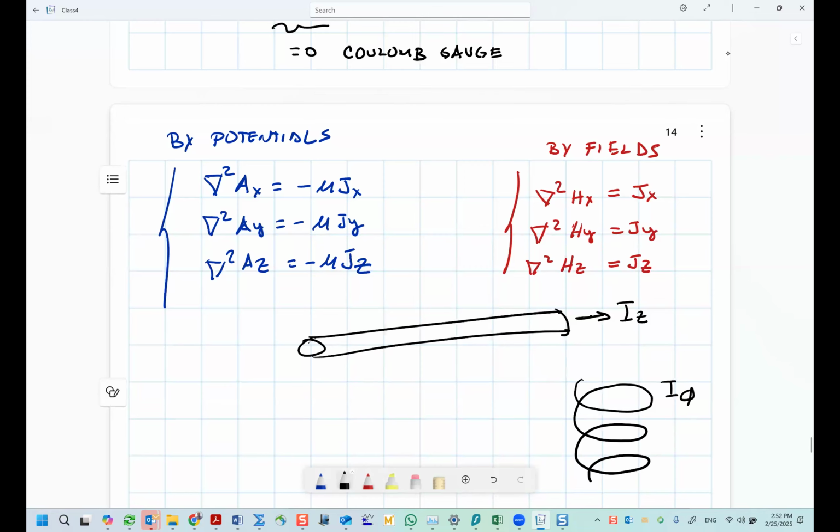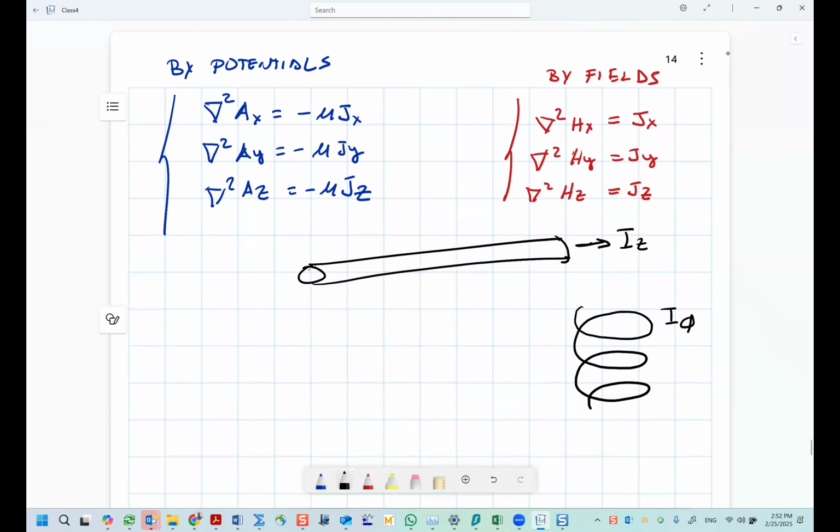So we're taking advantage of the fact that A and J are collinear.